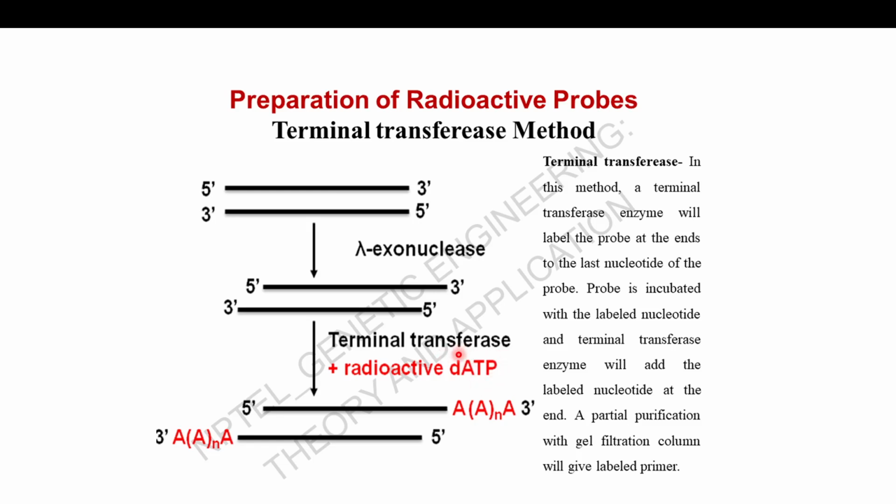Basically, this is how radioactive labeling also happens. Synthesis of radioactive probes takes place by using this terminal transferase enzyme and a radioactive nucleotide, in this case dATP. So these radioactive nucleotides are added at the 3' end of both the strands, and then this particular probe can be purified after synthesis. Okay.